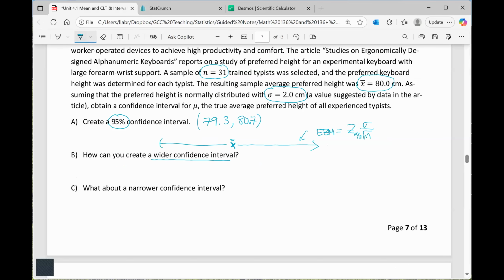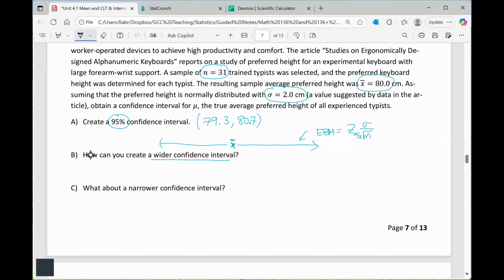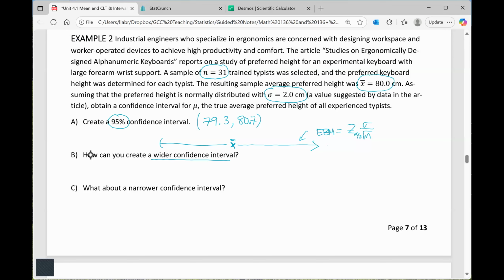And it's just a mathematical reason why. If you want this to be larger, then you want this quantity here to be larger. And one way to do it is to increase z sub alpha. Remember that z sub alpha says what your confidence level is, and basically tells you how far you go from the center.